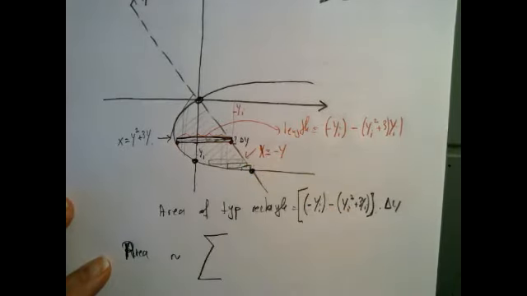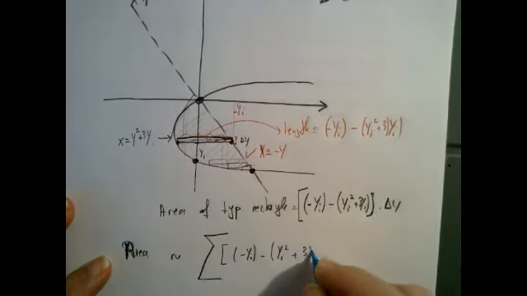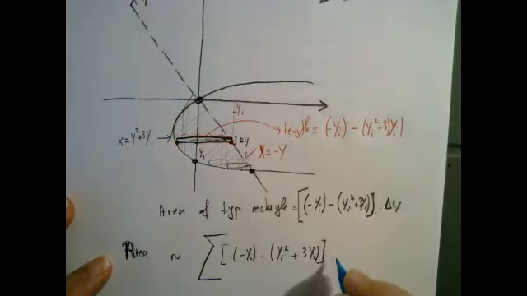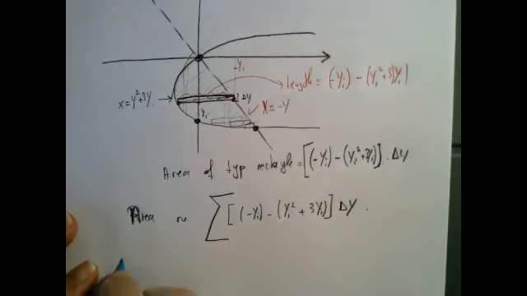That's really where my Riemann sum is. It means the sum of minus yi, that's the length, delta y. Okay, the total area.